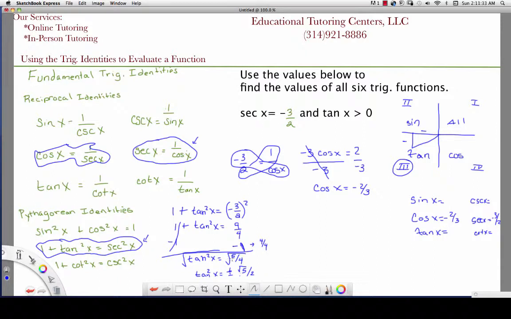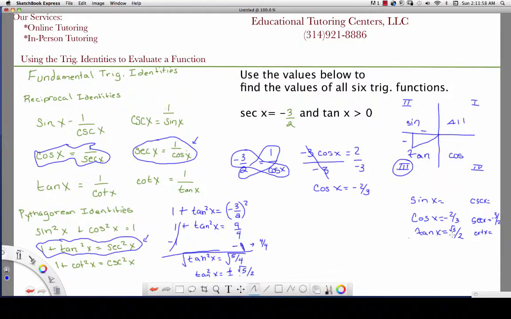It's the positive and negative. So we need to look to see which one we actually need. And here in the third quadrant where we're actually working, tangent is positive. So we'll take the positive of that value. So tangent is square root of 5/2.